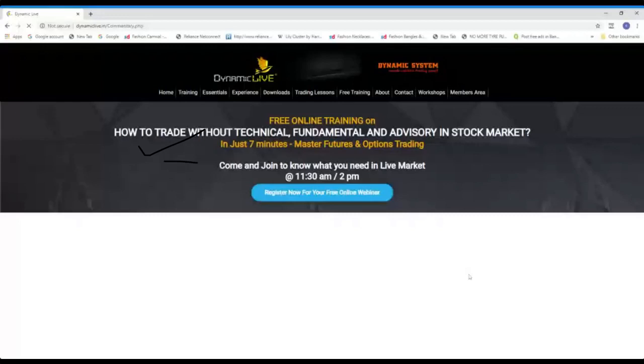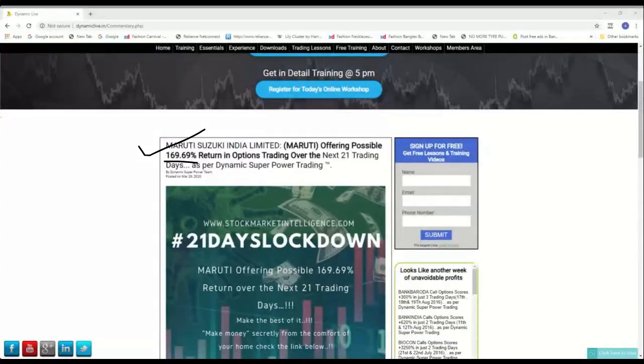We are expecting it to fetch so much percentage returns in the options over the next 21 trading days. So in the next 21 trading days, you are going to get a minimum of so much returns in options trading in Maruti, provided you have Dynamic Live with you. According to Dynamic Live, if you start trading in Maruti, then you will be able to achieve this kind of returns. And these kind of things are told before it happens, gentlemen.